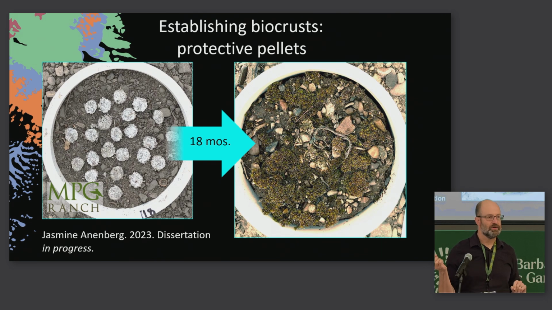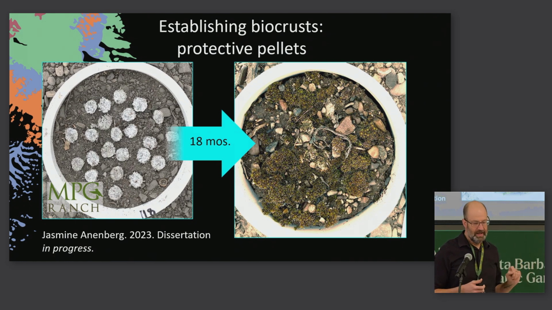Let's say you want to do something more dispersed. Instead of doing something intense in a small area, you want to spread biocrust everywhere. Like I said, ants will just steal it if you don't protect them. So one way we've come up with to protect them is to embed the crust that we grow in little clay balls. This is the same idea as seed pellets or seed balls, just little ones.